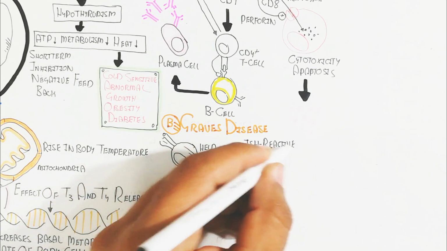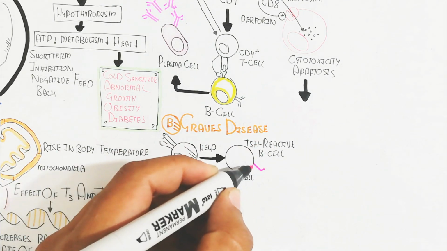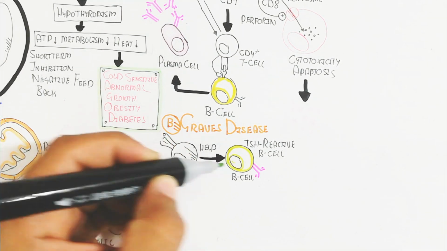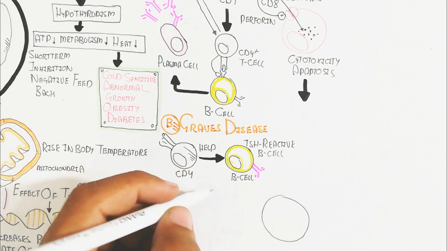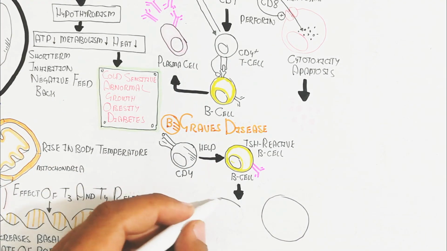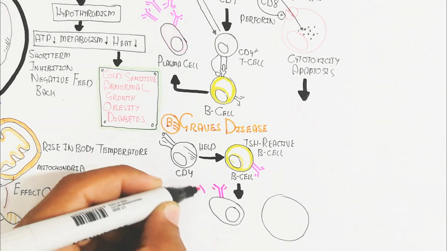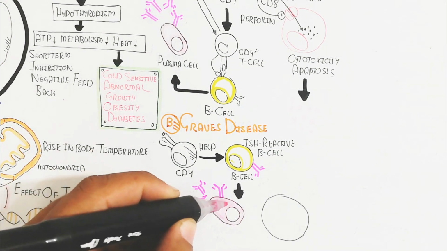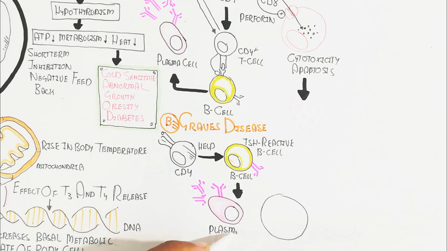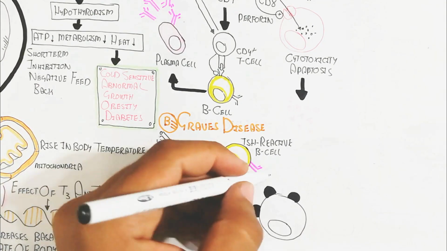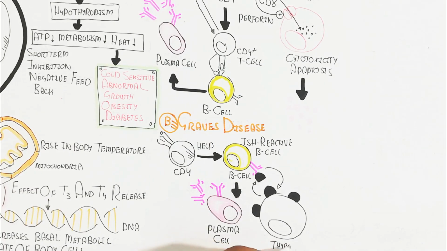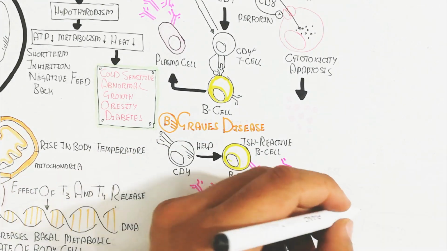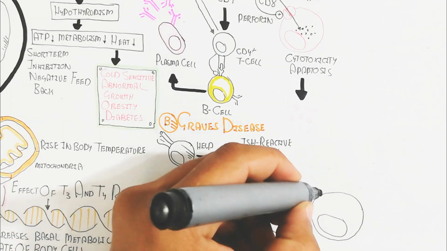Graves' disease is also an autoimmune thyroid disease. In this way, the CD4 helps B cell activation, and basically the thyroid stimulating hormone receptor reactive B cell leads to activation of more thyroid stimulating hormone receptors. It also produces plasma cells that produce a lot of antibodies, which target the thyroid stimulating hormone receptor, and the thyroid stimulation inhibition, while the increase in thyroid stimulating hormone receptors will lead to survival of the cell.